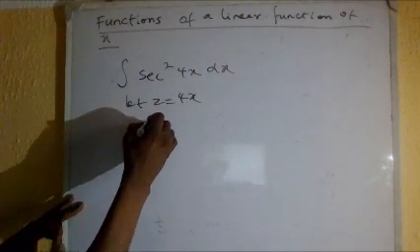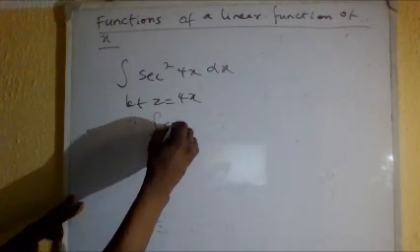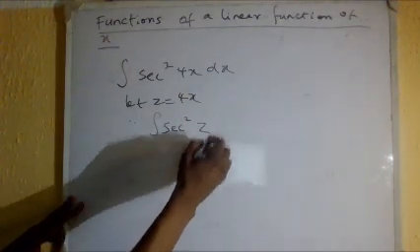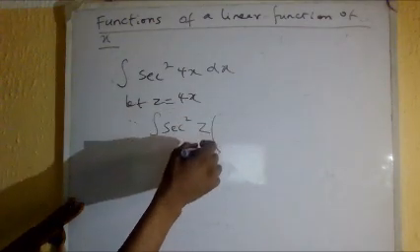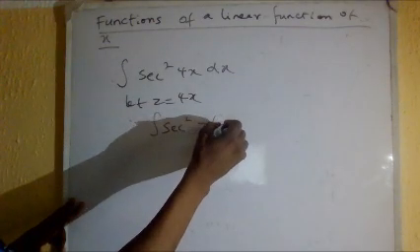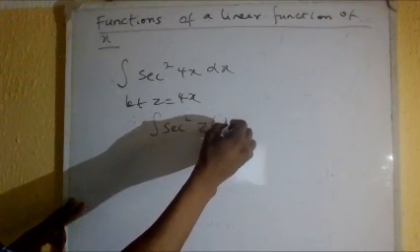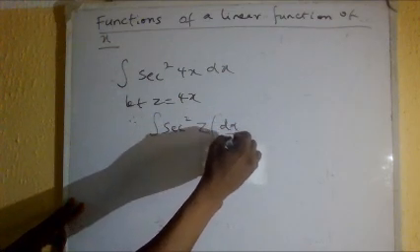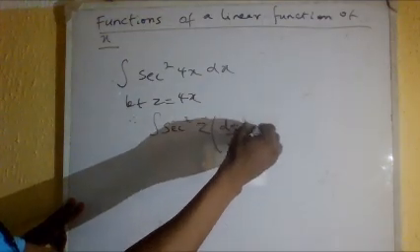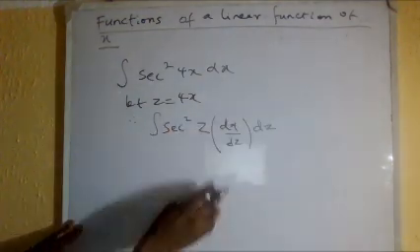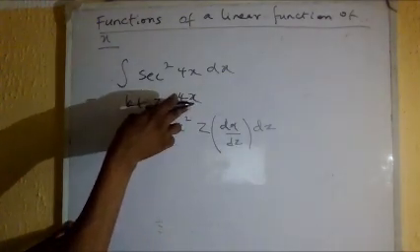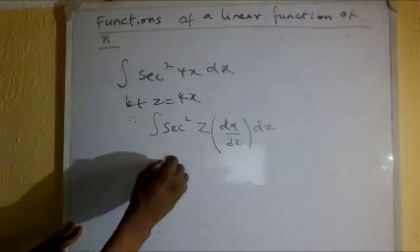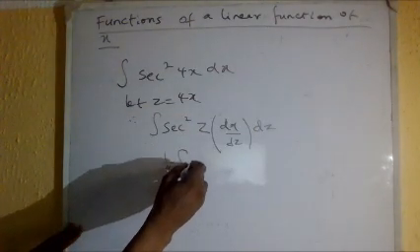Therefore, the integral of sec square z. Then I will now differentiate the linear function and invert. So this is dx dz and dz outside. If I differentiate the linear function, it's 4. If I invert it, it is now 1 over 4. I bring it outside. Then the integral of sec square z dz.